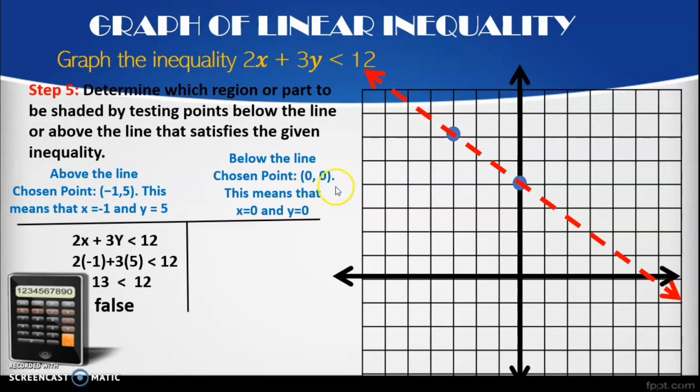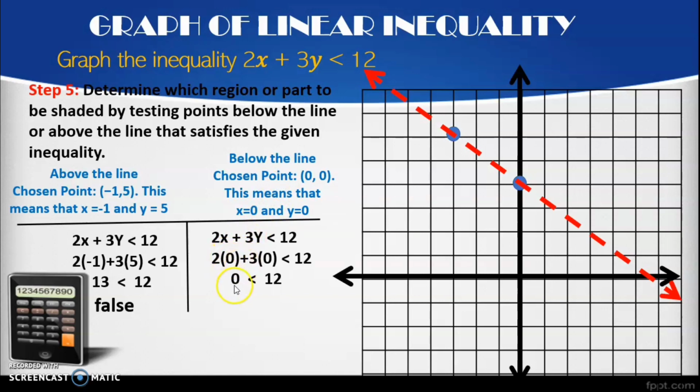Okay, since below the line is this portion, we will choose the origin, which is 0 the x and 0 the y. So we will try to substitute in our original inequality, 2x plus 3y less than 12. So substitute the value of your x, 0.